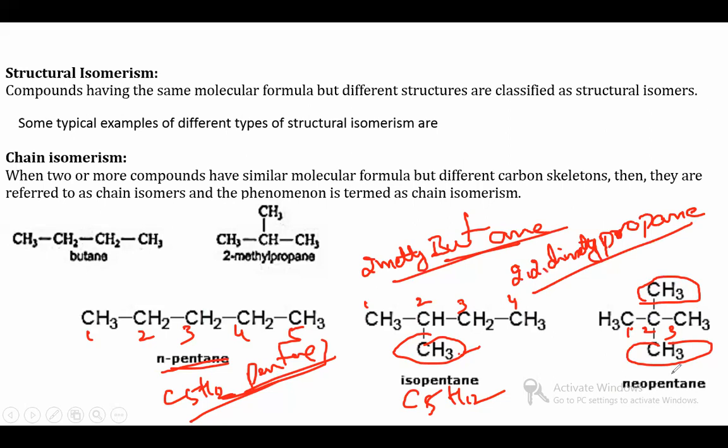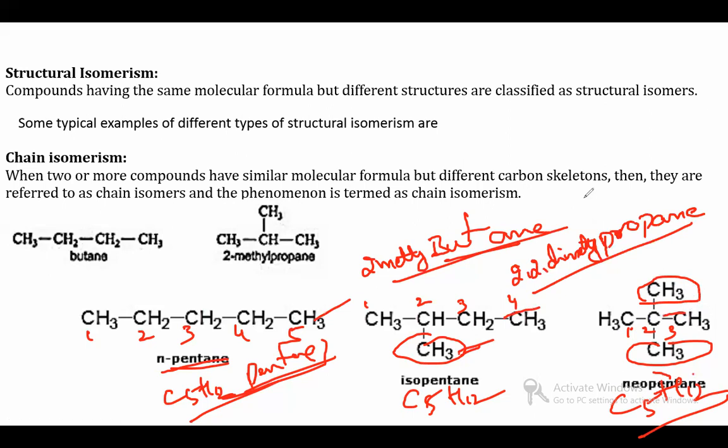This we also call neopentane. It has 3 plus 2, five carbons, and 3 plus 3 plus 3 plus 3, 12 hydrogens, that is C5H12. These all have the same molecular formula, C5H12, but the carbon skeleton arrangement is different.